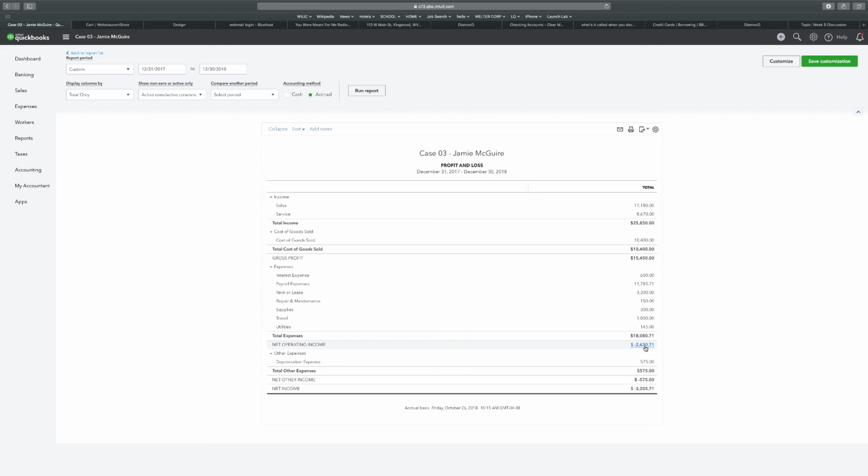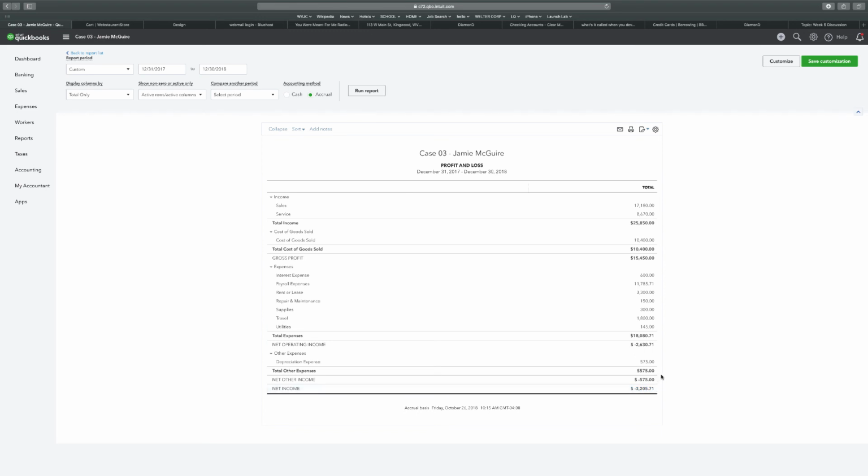In addition to these operating expenses, I also had depreciation. Something that we know from accounting is depreciation is a non-cash expense, which means we write it off on our income statement or our profit and loss, but we don't actually lose money for it. So once you take that $575 out, our net income is negative $3,205.